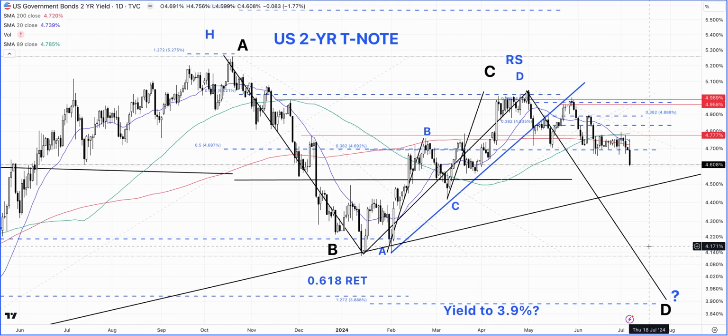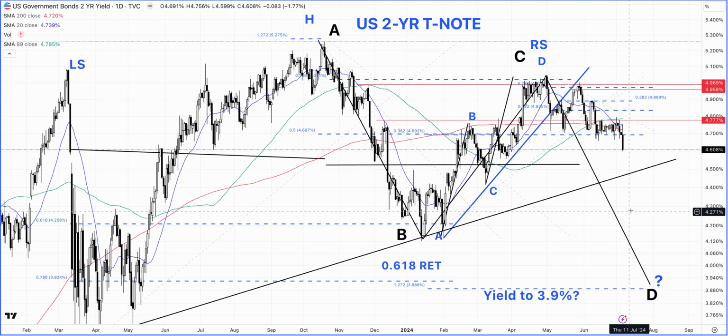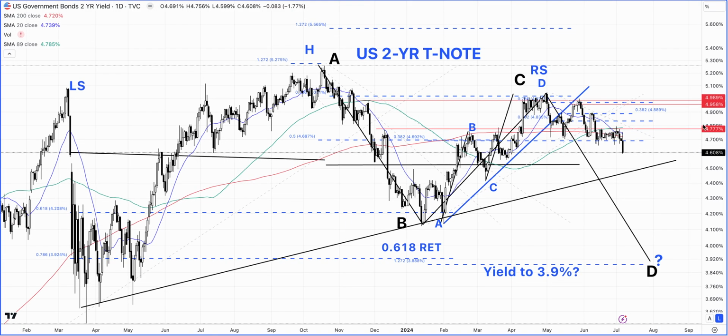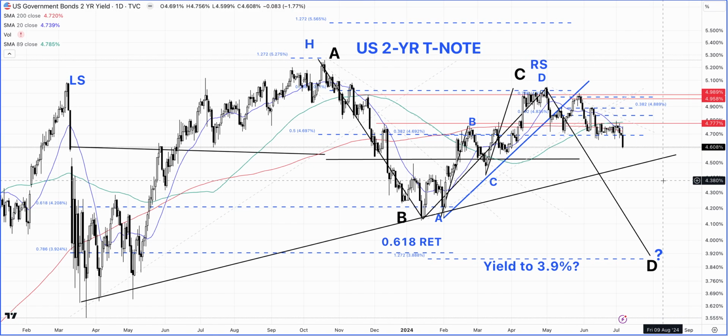As mentioned at the beginning of this video, a really key market to be paying close attention to, because last Friday there was some economic news out, such as non-farm payroll, and the unemployment rate actually went up a little bit, and we have seen the yields move lower. And this 4.7, that was the 38.2% retracement and structural support coming in from this point B of this smaller black ABCD cycle here.